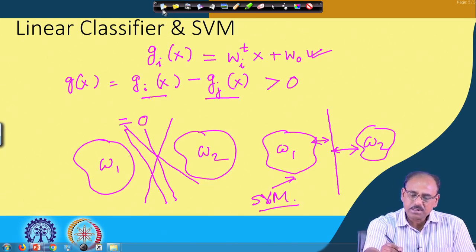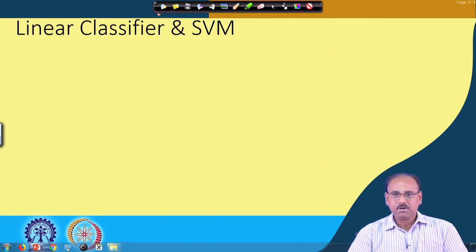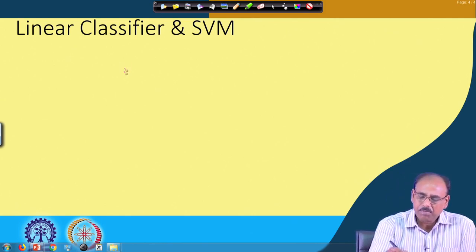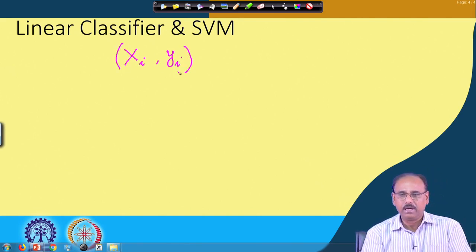So, for all these cases, what we have seen is that you are given a set of training samples for designing the linear classifier or the support vector machine, and those training samples are labeled. That means, for each sample I know from which class or category that sample has been taken. In other words, every sample or feature vector xi comes with a label yi, so your samples are given in the form xi, yi.